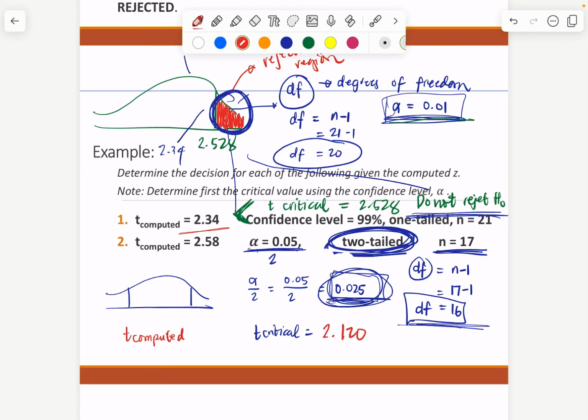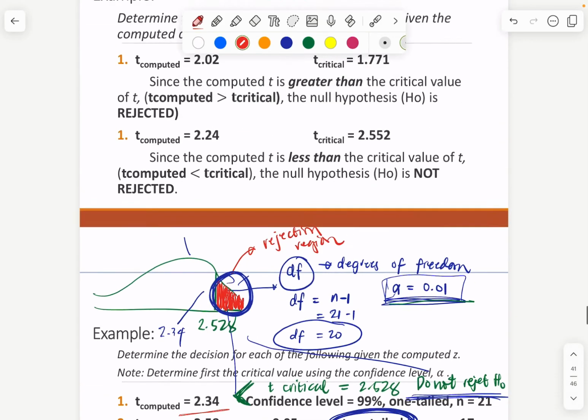Okay, now we will decide whether to reject or accept your null hypothesis. Now, which is greater, T computed or T critical? The greater one is our T computed. So, what does it mean? What is our decision here, to reject or not to reject our null hypothesis? Let's check your answer.